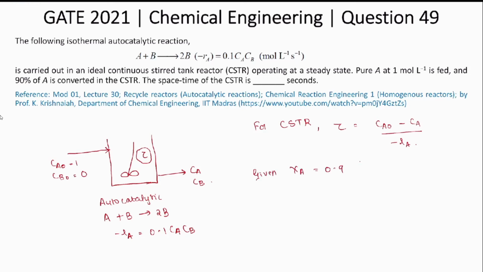So given conversion is 0.9. So Ca is basically Ca0 into 1 minus Xa, and that will be 1 minus 0.9 into 1, and that is 0.1.